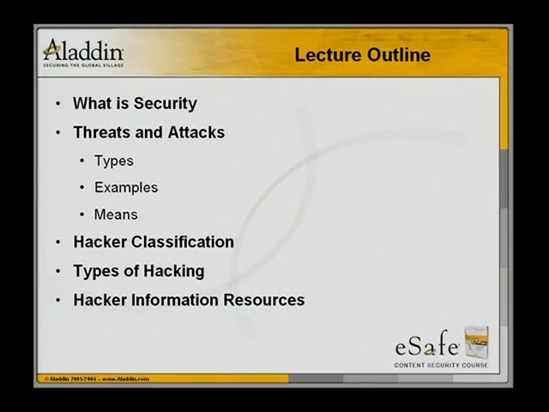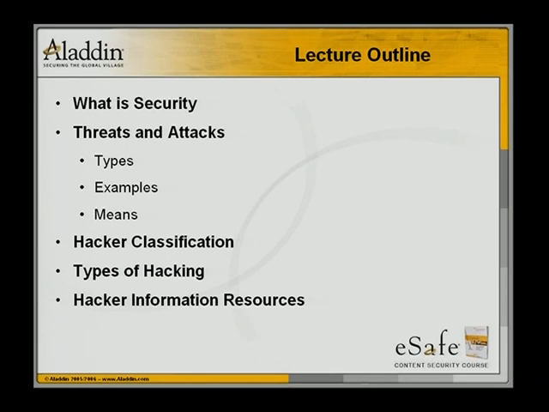Okay, so let's see the lecture outline. We'll start by defining what is security. We'll continue with threats and attacks. We'll see types of threats and attacks, examples, and means to do the attacks. We'll continue with hacker classification. We'll see that there are black hat hackers, white hat hackers, and also gray hat hackers.